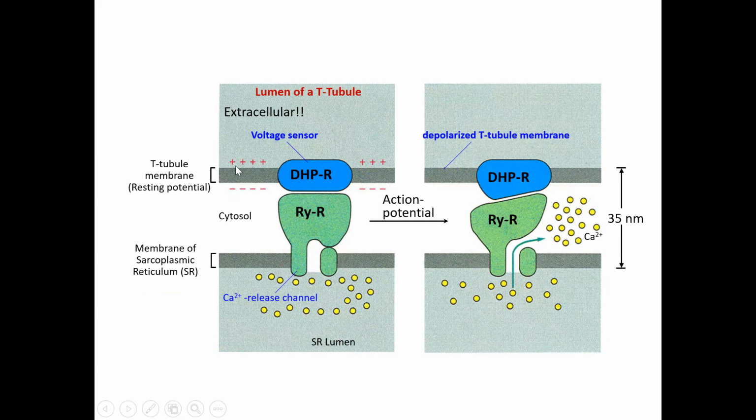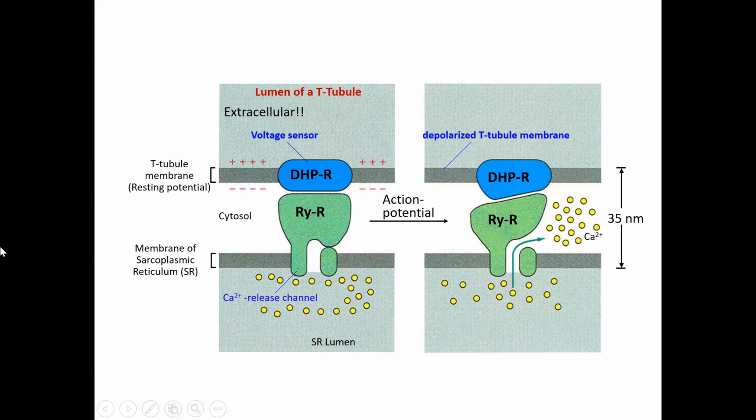If you look at the membrane potential, you see the charge that is outside of the cell, and that is inside of the cell. Inside is negative. It is the resting potential. You see, this is the situation during rest.